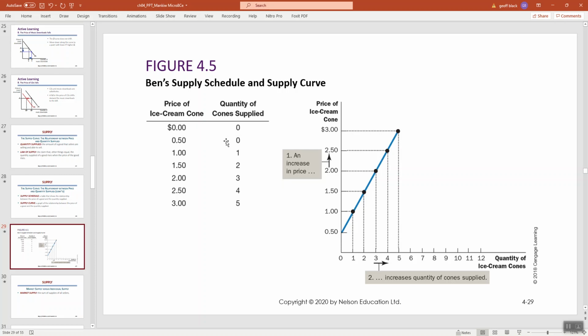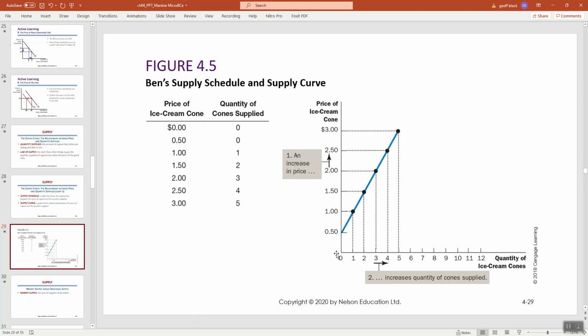At 50 cents, still 0. It's not enough for him. At $1, he'll supply 1. At $1.50, he'll supply 2, and so on. So notice, though, that as the price goes up, quantity supply goes up. So this is what I meant by a positive relationship. So you end up with a positively sloped curve.